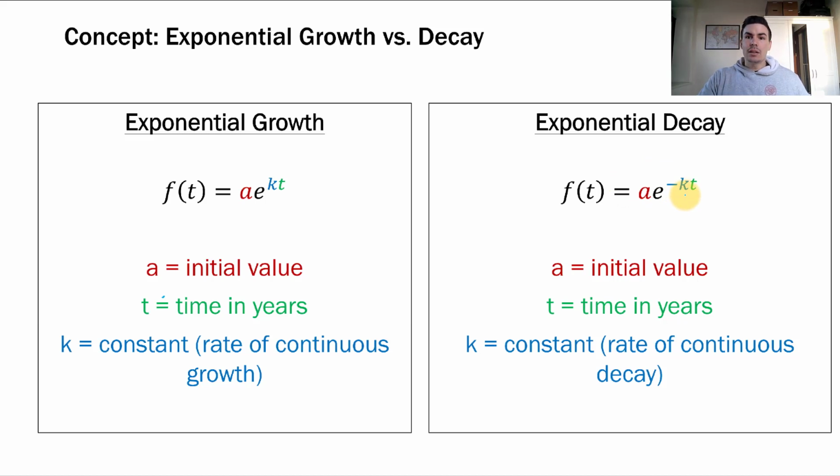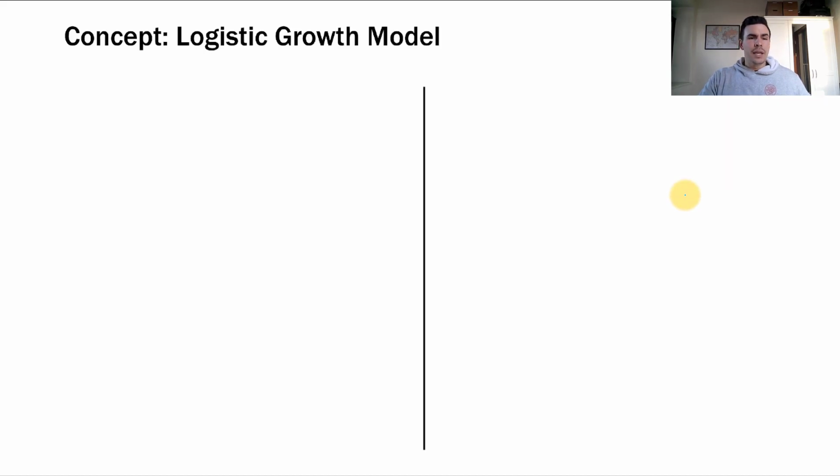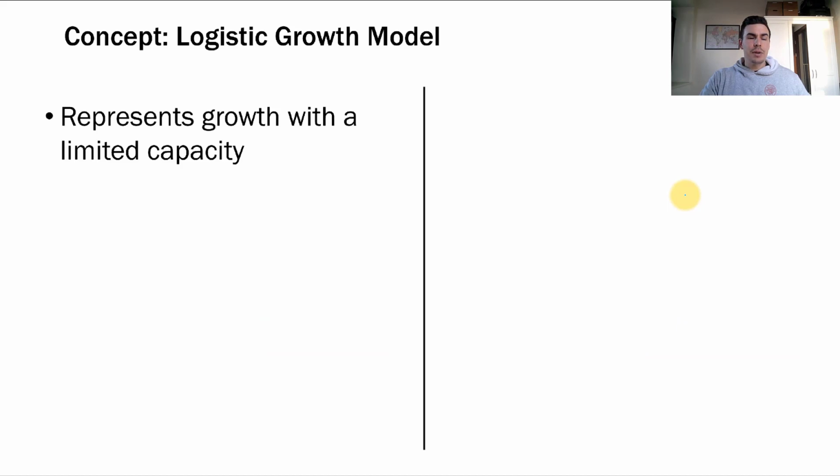Let's take a look at our logistic growth model now. This represents something with a limited capacity. This is something that you could argue is a little bit more realistic, if we were creating something with a limited resource, a limited amount of ore or metal or whatever it is. This would be a good way to represent that.